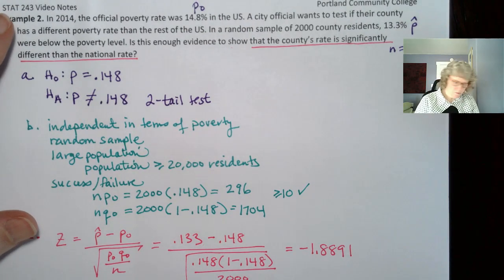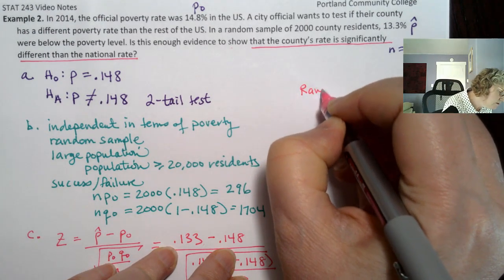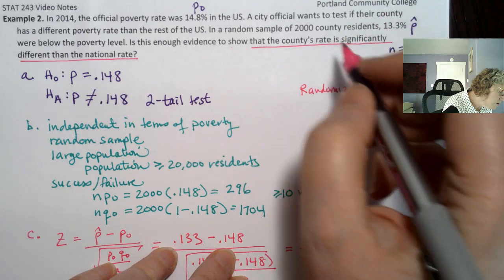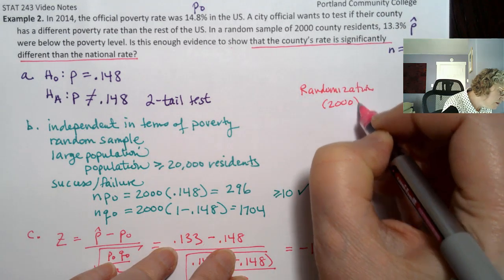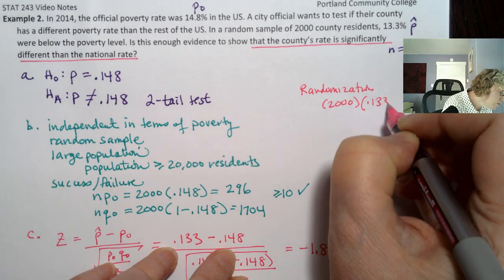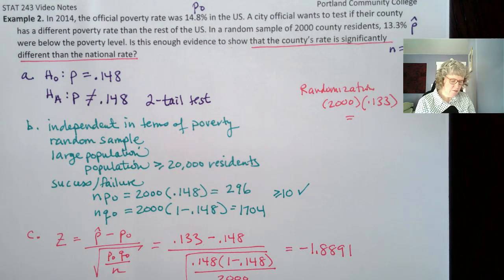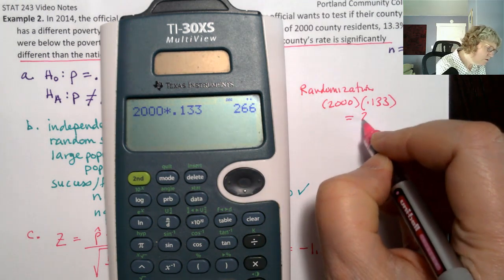So I'm just going to put a note that we're doing the randomization. Over here, we need to know what 2,000 times 0.133 is. We know how many people that is. 266.